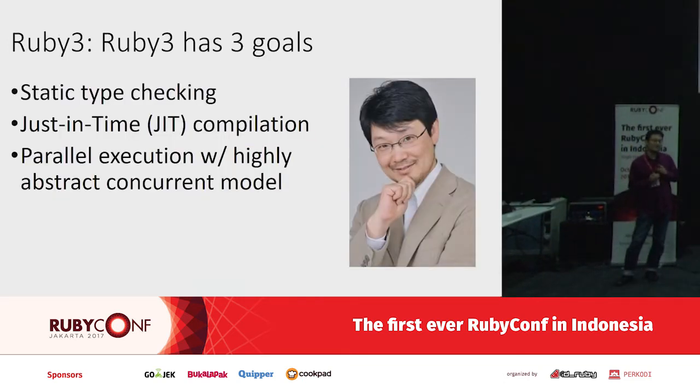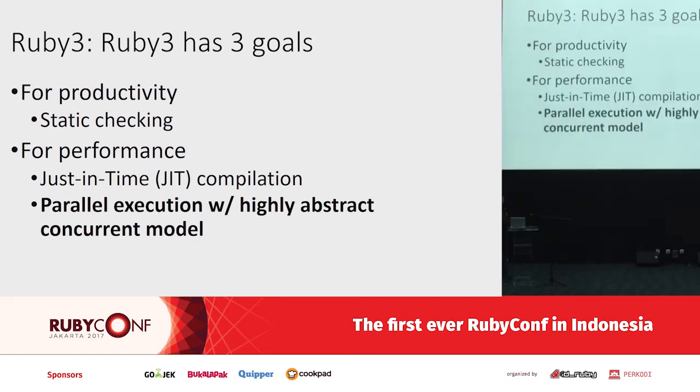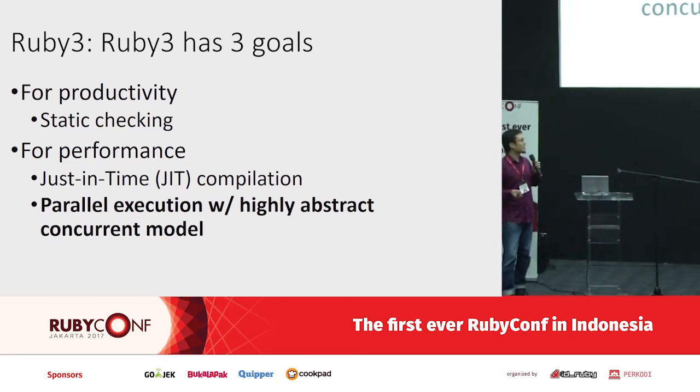Yesterday, Matz introduced several Ruby 3 goals. Matz said Ruby 3 has three goals: static type checking, just-in-time compilation, and parallel execution. Static type checking is for productivity. We want to implement our applications robustly, with no bugs or something like that.